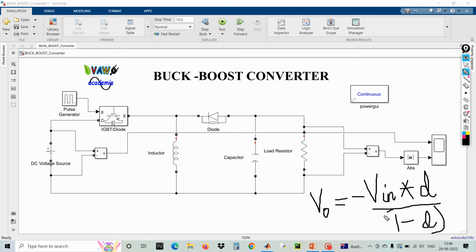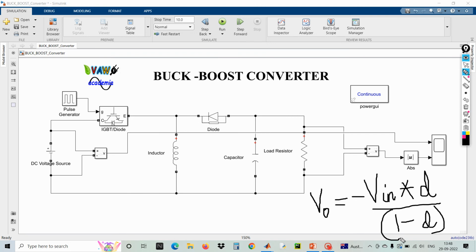Here one important thing in practice: you should not take your D value as either 0 or 1. Suppose if the D value is 0, it literally means that you are instructing the switch to be always in off state.